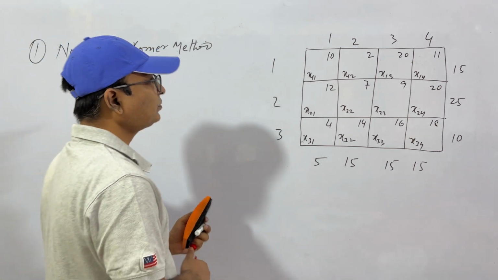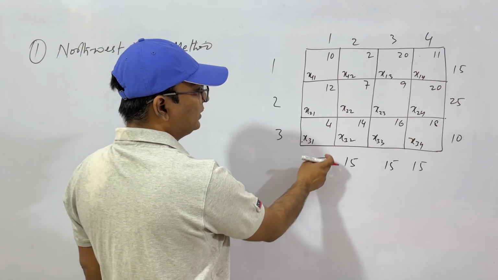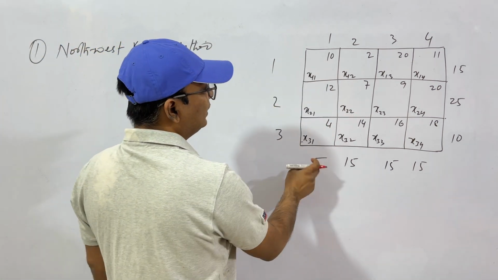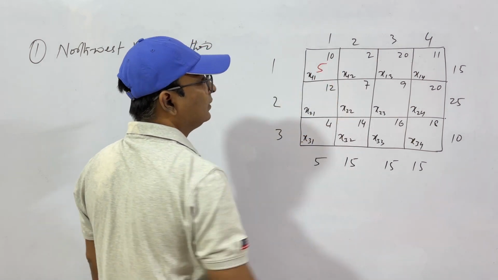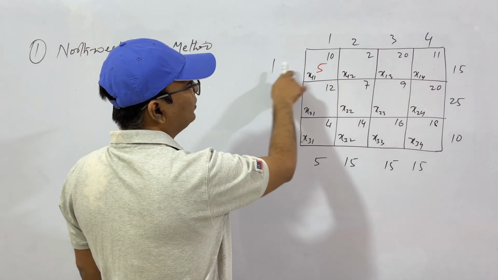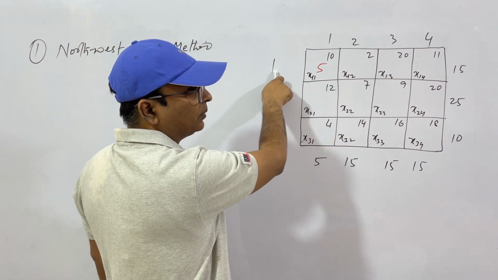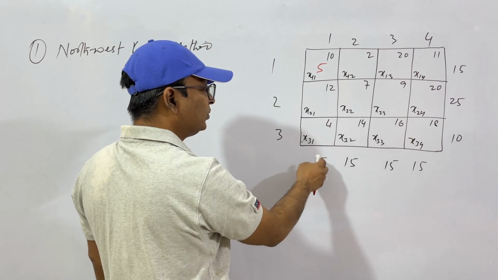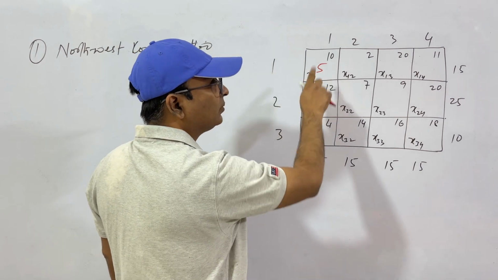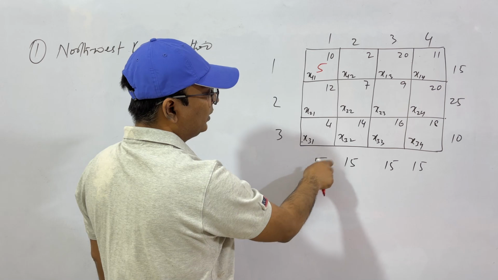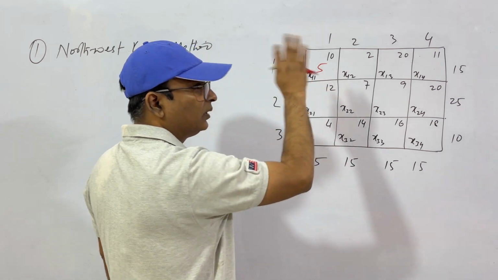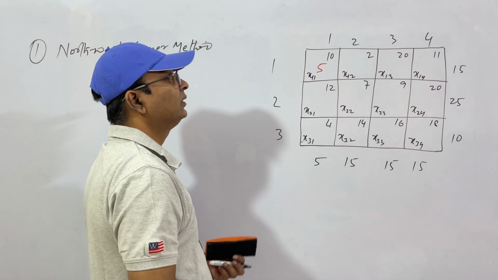I told you, you have to start at this point and whatever is the demand, allocate the maximum to it. The demand is 5. Let's allocate this. You have 15 items coming out of this first unit. Since this is the demand, you allocate the maximum, that is the complete demand. You are able to supply 5 items from this. So let X11 be 5. Okay.